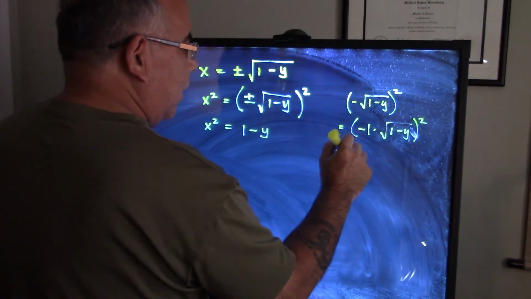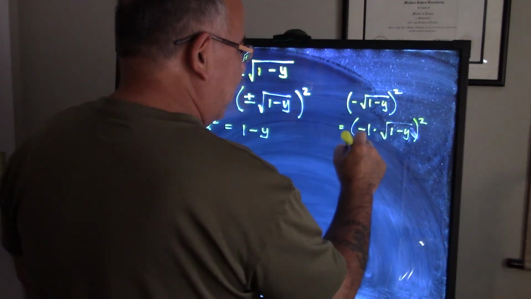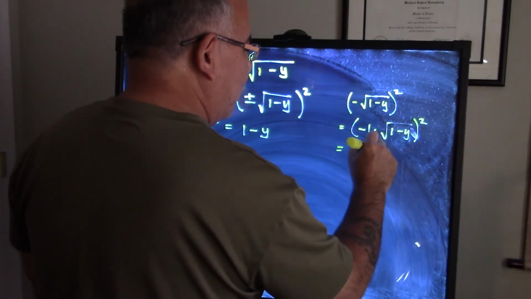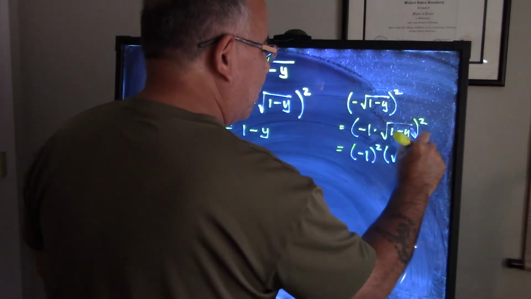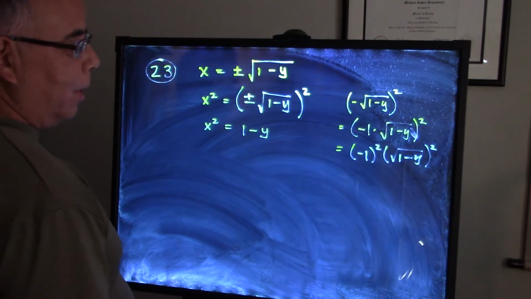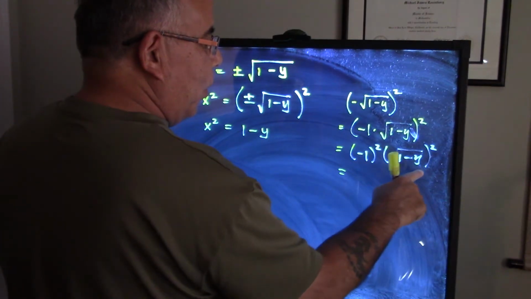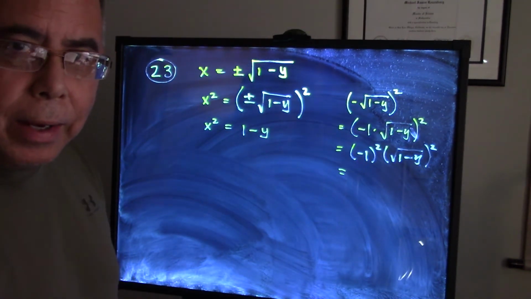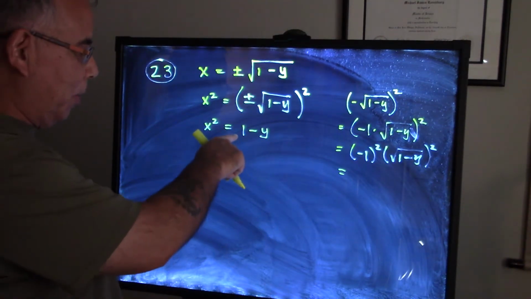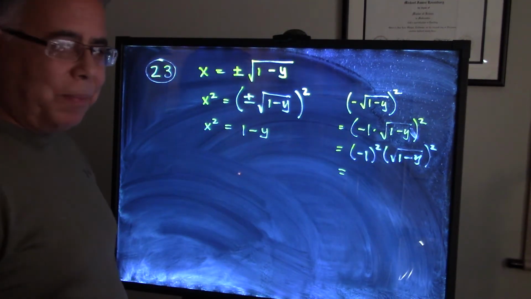And when you square each of these factors, that equals negative 1 squared times the square root of 1 minus y, squared. Negative 1 squared is positive 1, so what you get is just the square root of 1 minus y squared, which is 1 minus y. And of course, if you square the positive square root, you get a positive result here, so you don't have to put a negative in front.